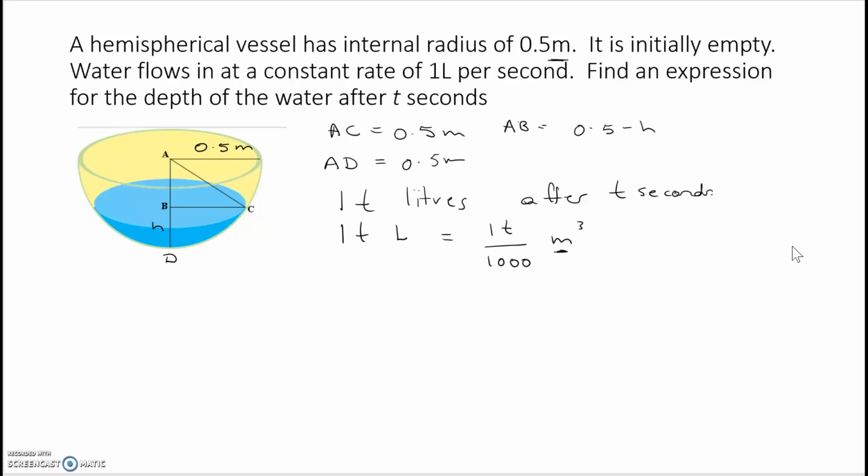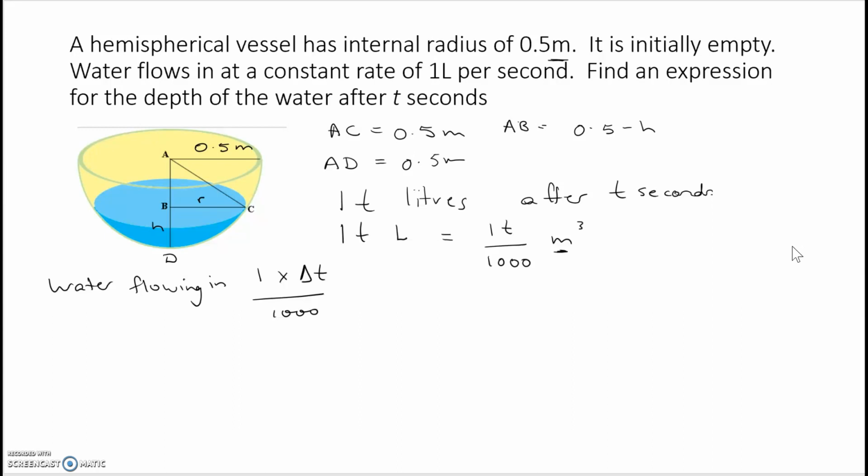So the water is flowing in at 1 times whatever change in time over 1,000.